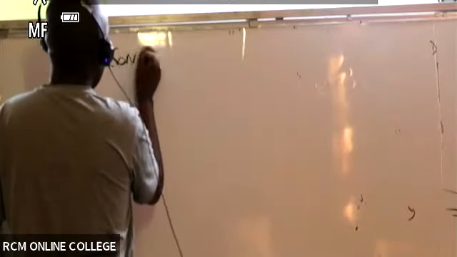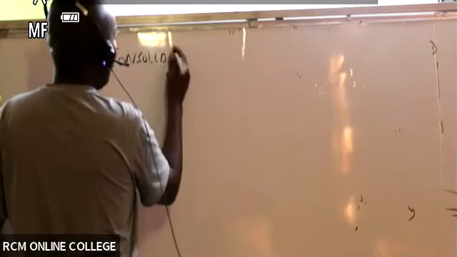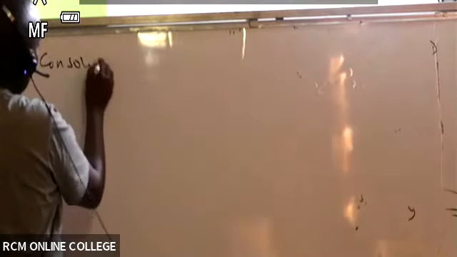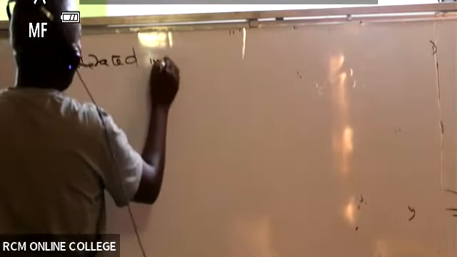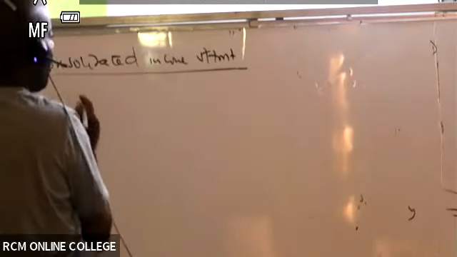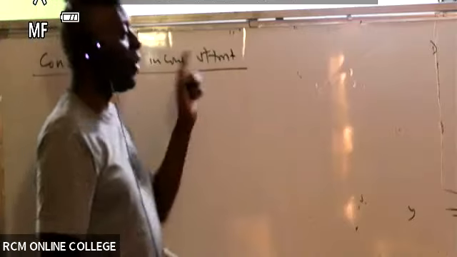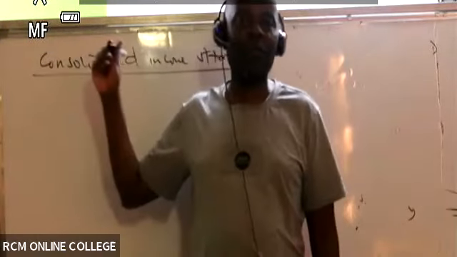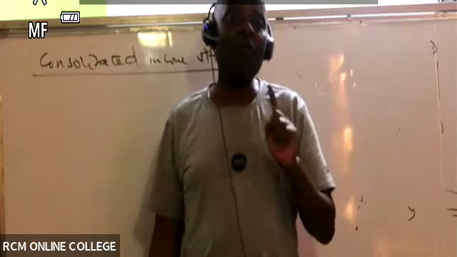So we have here a consolidated income statement. Of course, I know there is something that I've never seen my students missing out at all. The titles of the financial statements, my students are very good at writing them.